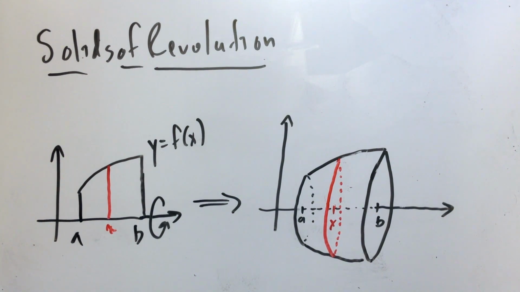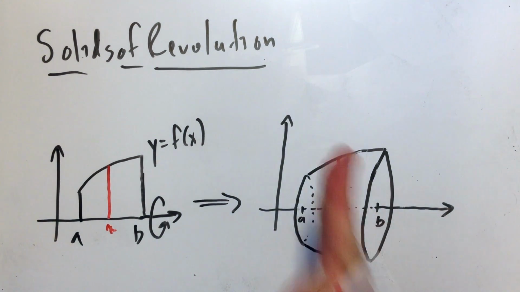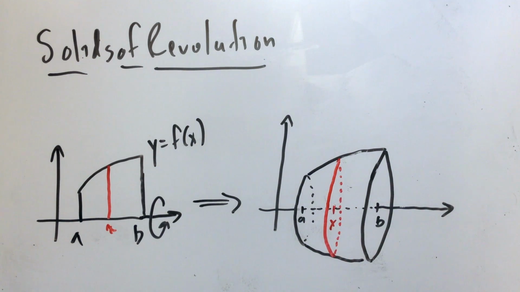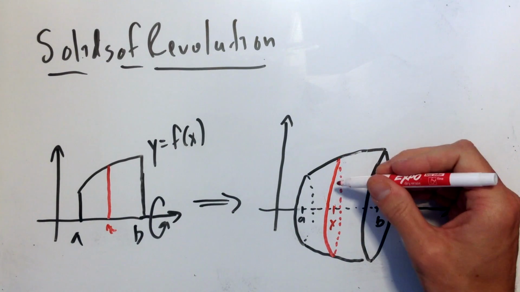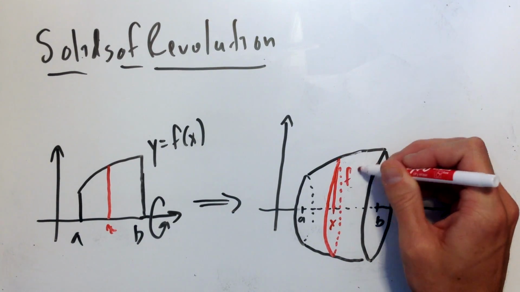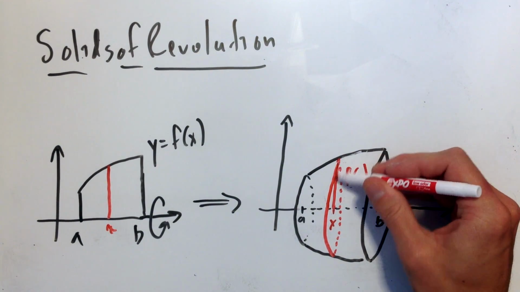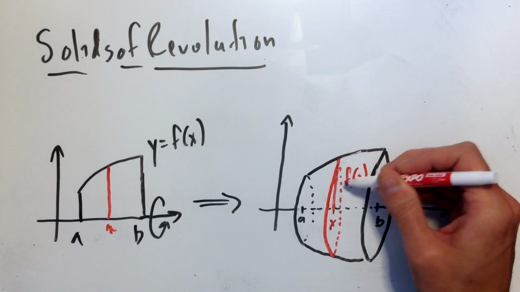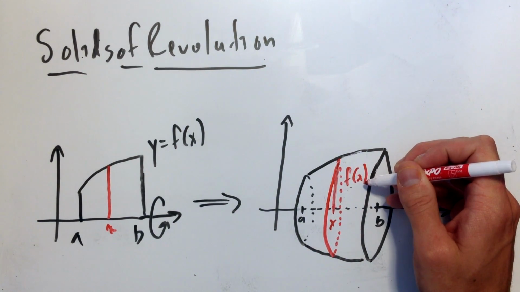And the path that it sweeps out is a circle. So all of our cross-sections here are going to be circles. And in particular, the radius is going to be f of x, the value of the function.